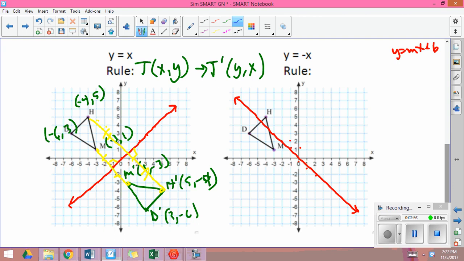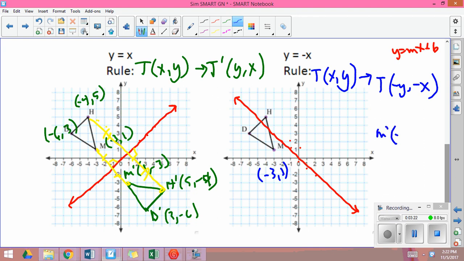When we reflect across y equals -x, we get our original x and y will become, this time when we switch the order of our x and y, we also flip-flop the signs. So switch the order and the signs. So when m is at -3, 1, m prime, and you may want to write these, is going to become -1, 3.